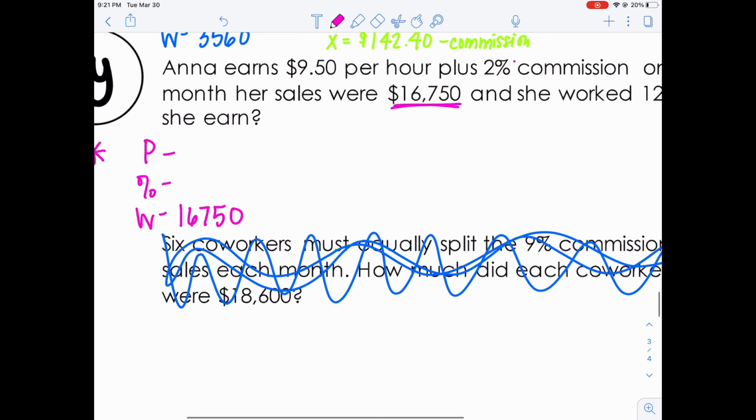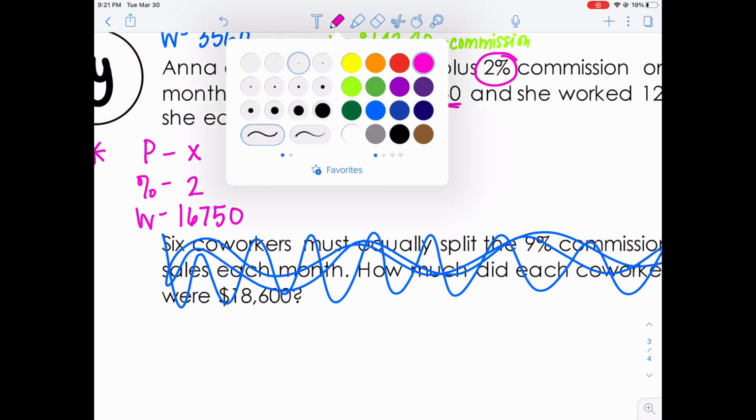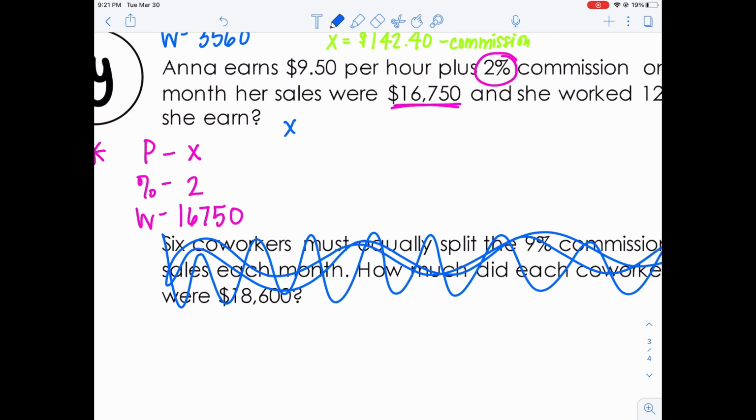Looking back, it says she gets a 2% commission. So 2 is the percent, and then X is the part. Using my percent proportion, I'm going to do X over 16,750 equals 2 over 100.